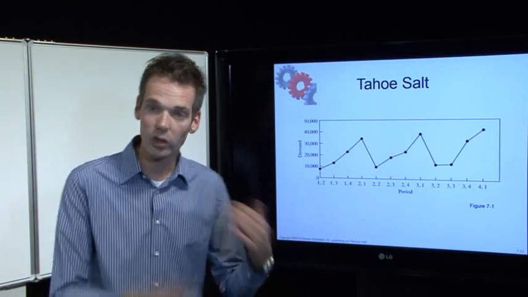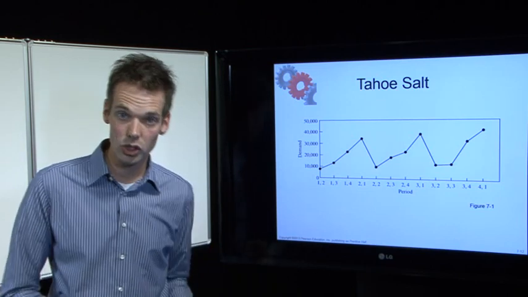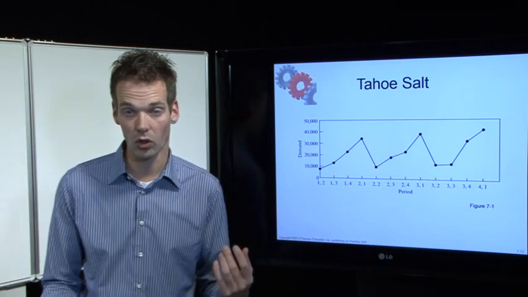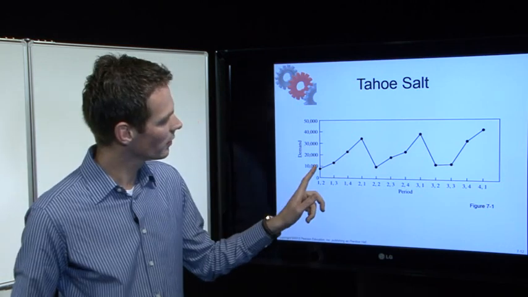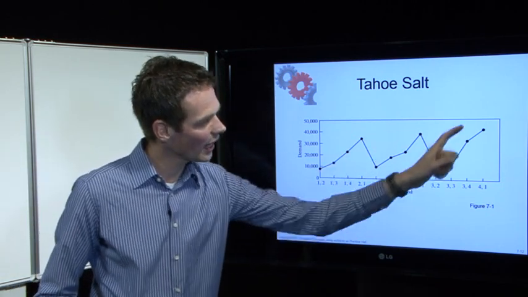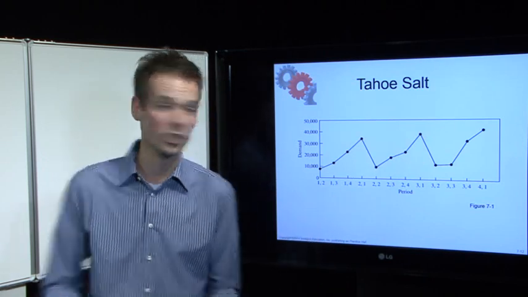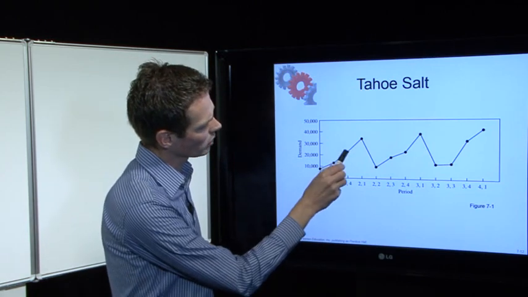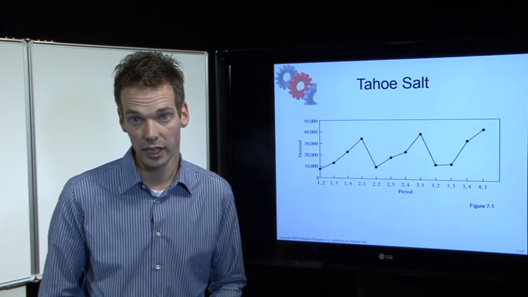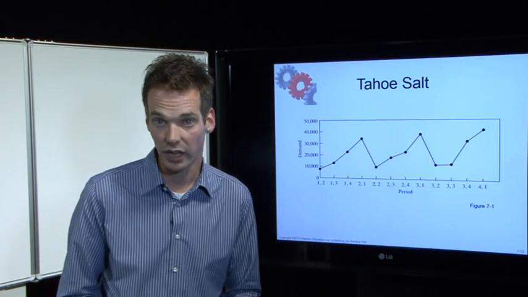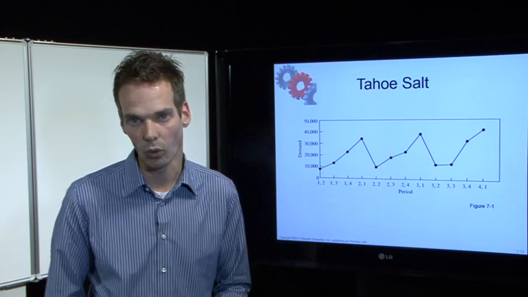What we saw in the earlier table is that Tahoe Salt has a seasonal factor. The seasons work in this way, and as you can see, a season has 4 quarters: 1, 2, 3, 4. It's important to keep in mind that the periodicity, P, is 4.